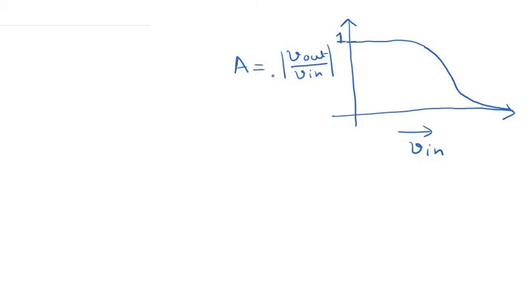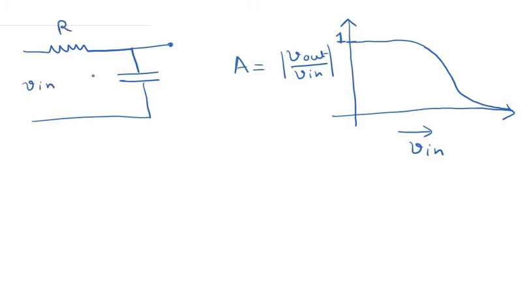Okay, so this arrangement, this combination of resistor and capacitor, passes the entire input to the output when the frequency is really low.